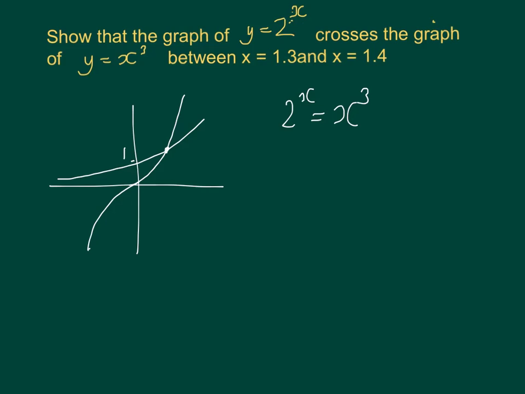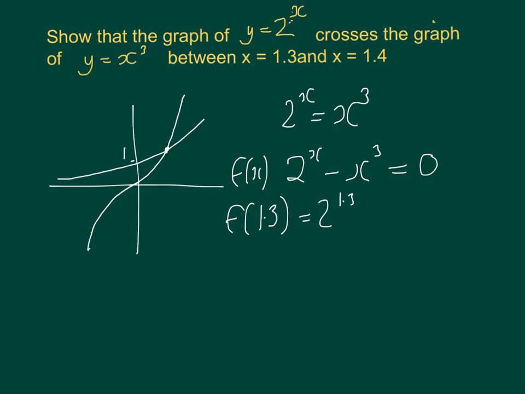So if we're trying to find where those two graphs cross, that's the same thing as saying 2 to the x minus x cubed equals 0, just taking the x cubed across. So if we call that function f of x, and then we input our values, so if we say f of 1.3, so 2 to the 1.3 minus 1.3 cubed, and that gives us 0.265.